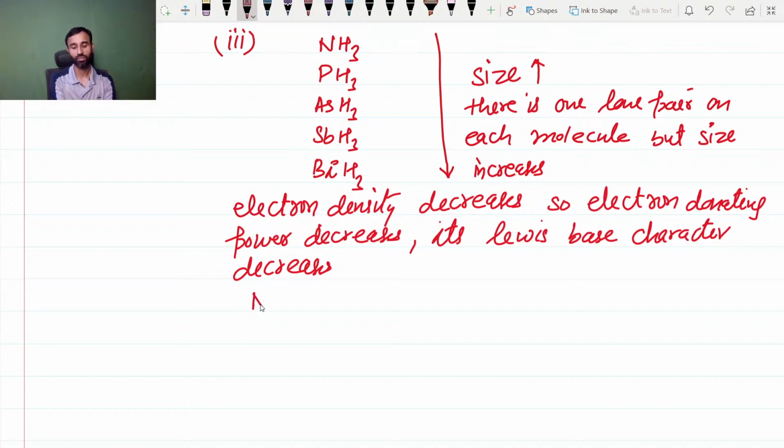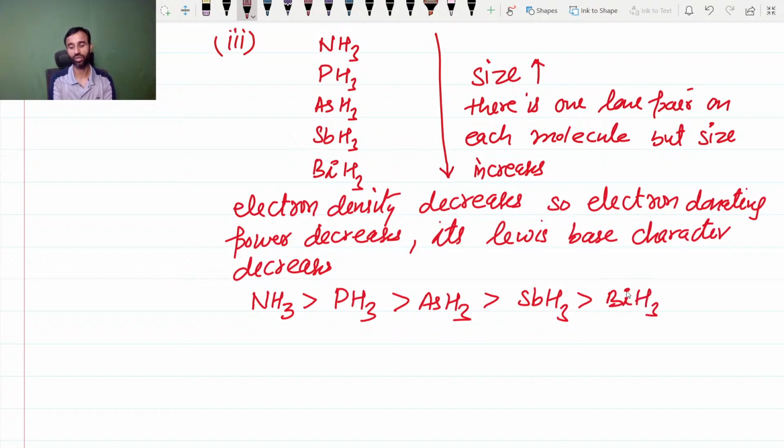That means NH3 is most basic. Then it is PH3, AsH3, SbH3 and BiH3, because as size increases, electron density decreases, and that's why its electron donating power decreases. So is the basic character. Done.